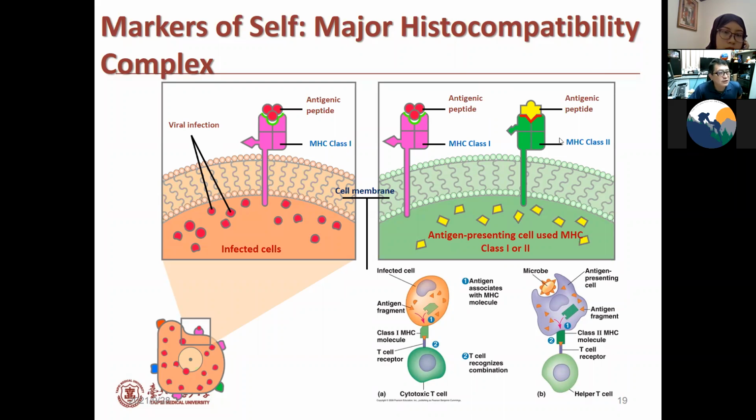If shown on MHC class 2, it will attract CD4 T cells, which will secrete a lot of different cytokines and activate other types of cells. If through MHC class 1, the cytotoxic T cells will increase the gradient or numbers of CD8 T cells around the tissue, to kill these cells or other infected cells. That's the function of the major histocompatibility complex, or MHC protein.